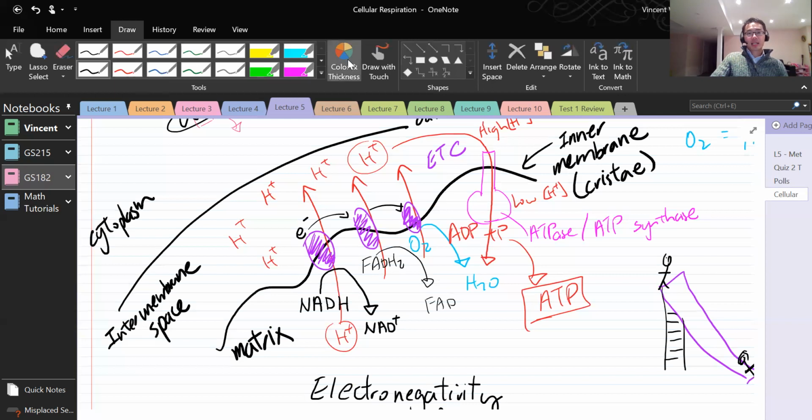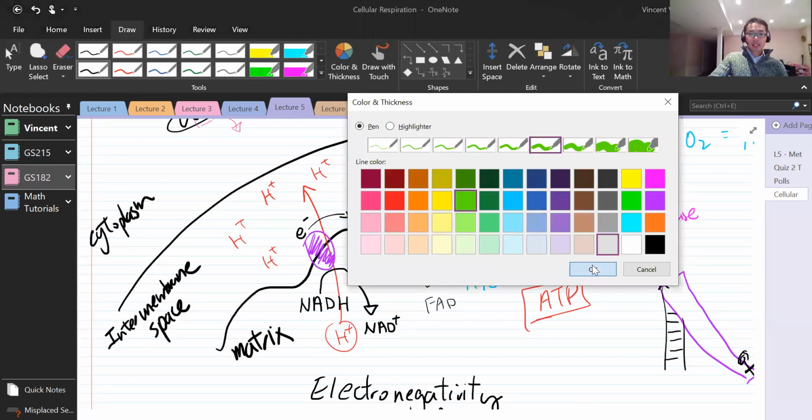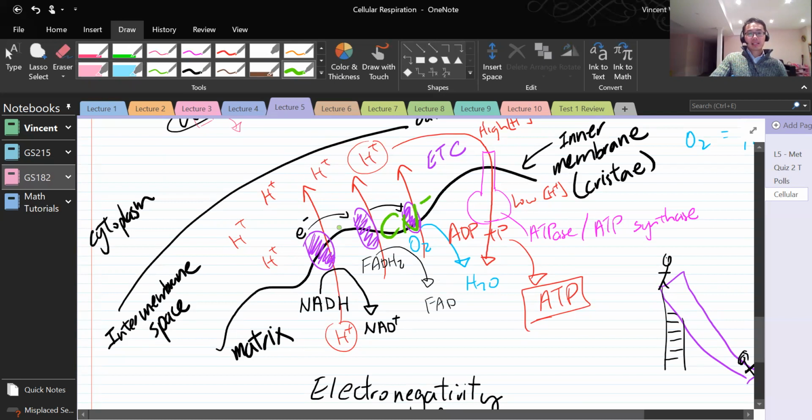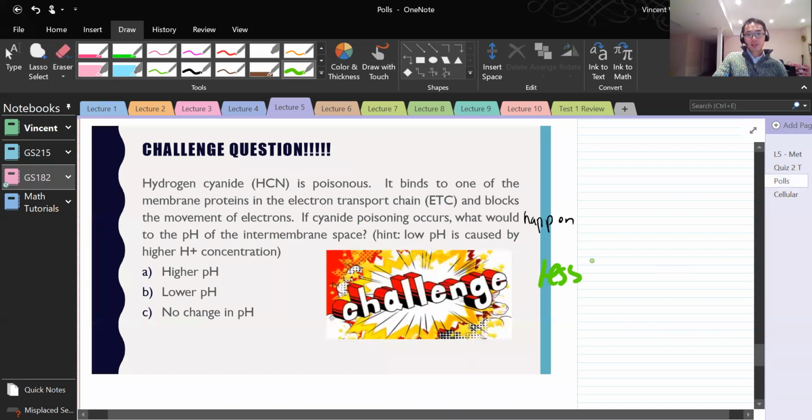So if you have cyanide stuck here and it's not allowing the H plus to go through, you will have less H plus in the intermembrane space because you're blocking this pump by clogging up the ETC. Less H plus means it is going to be a higher pH. So the correct answer is A.